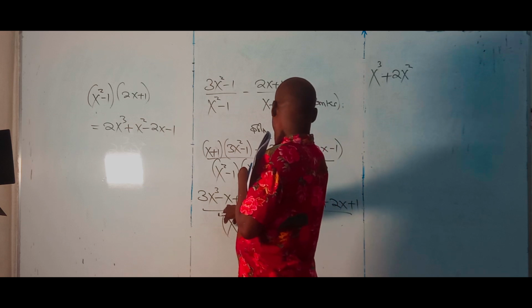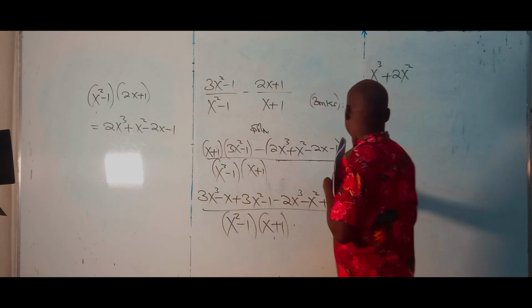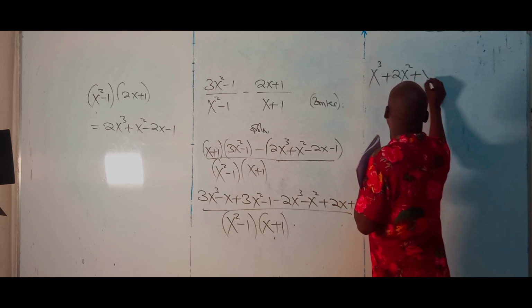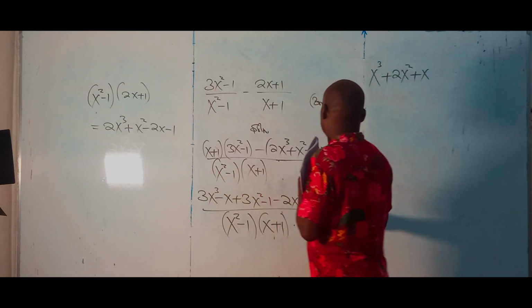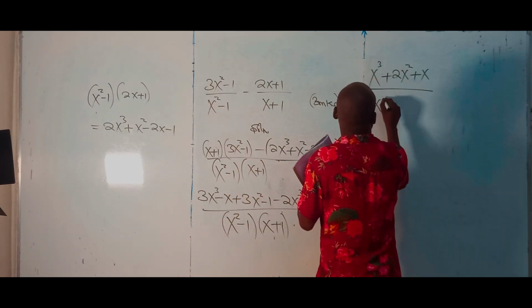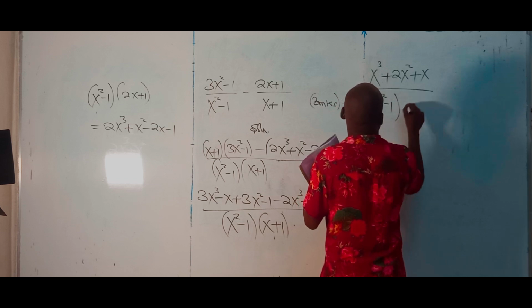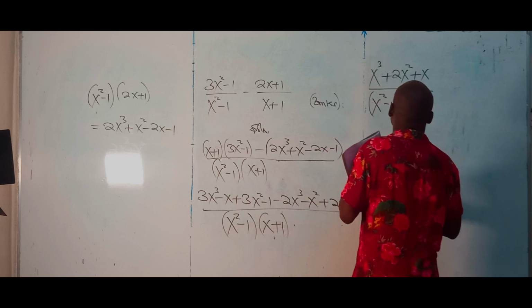Then minus x plus 2x, that is plus x. Then minus 1 plus 1, that is 0. Then this is over x squared minus 1 into x plus 1, like that.